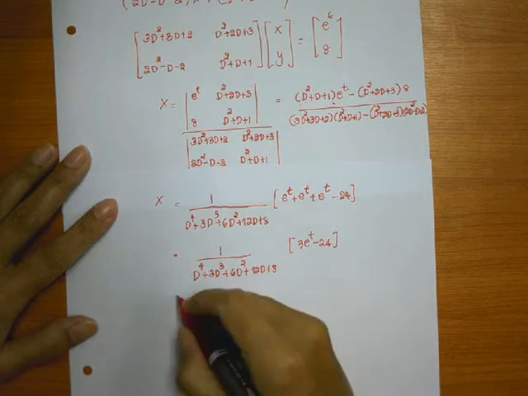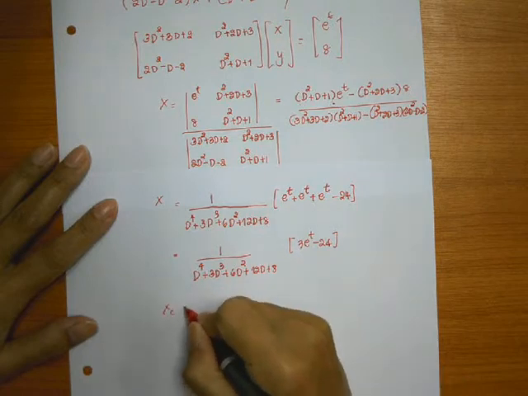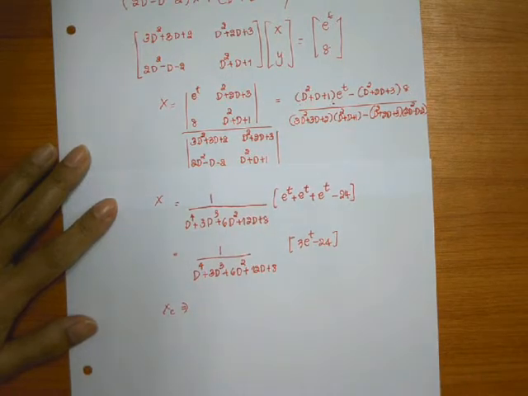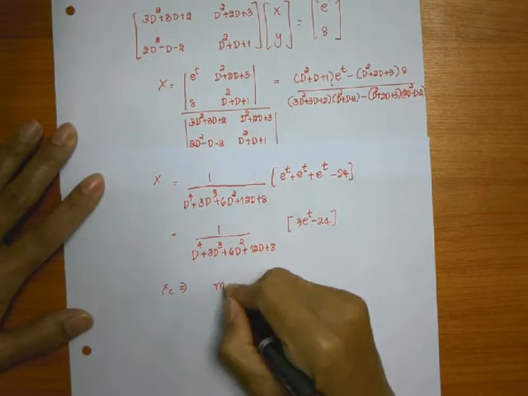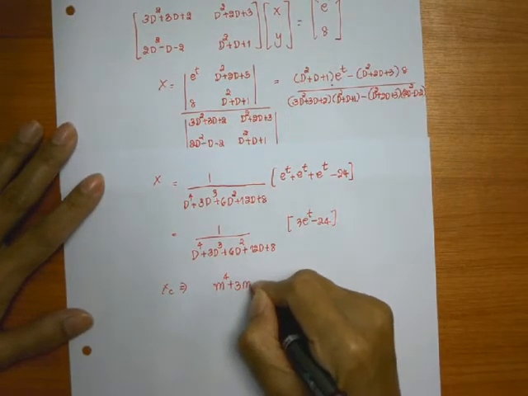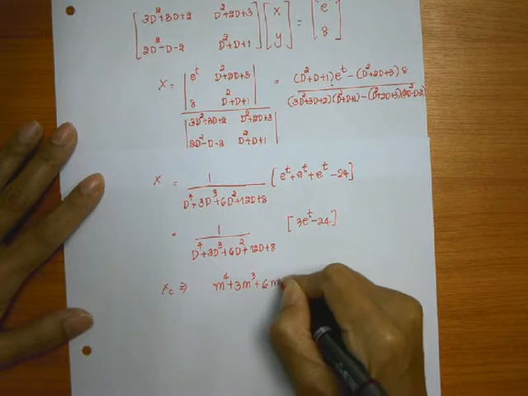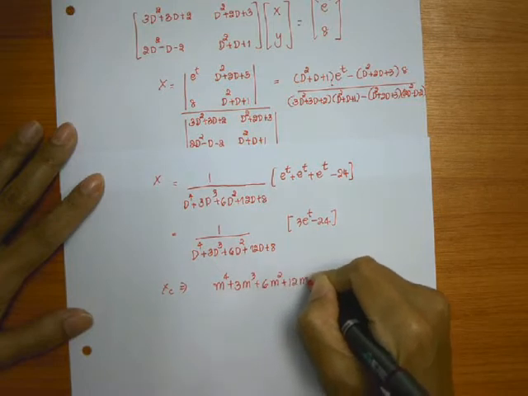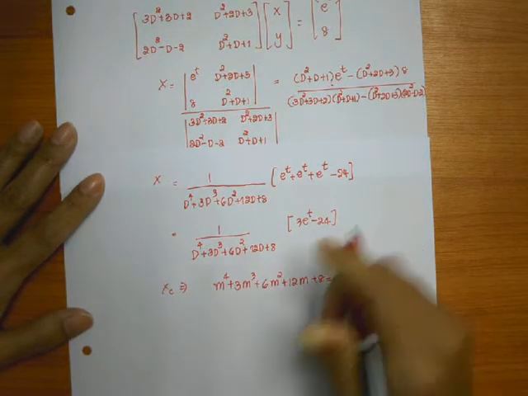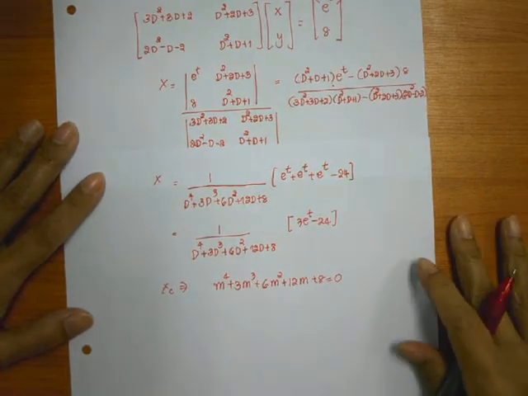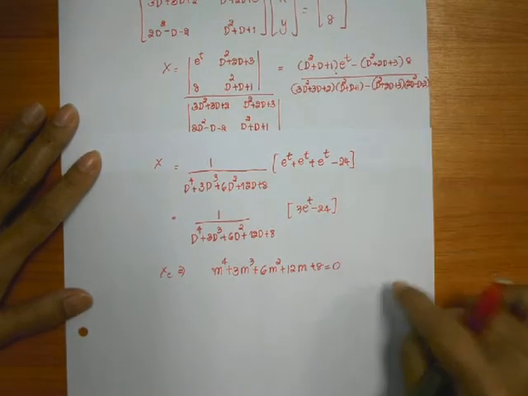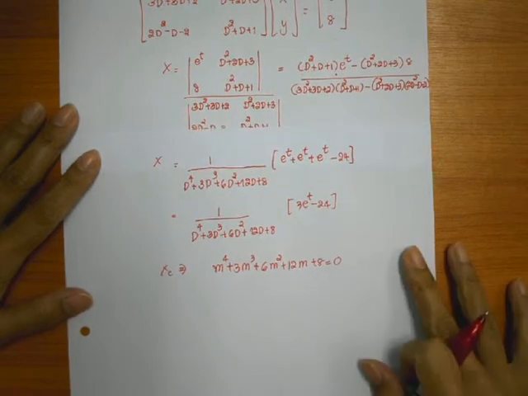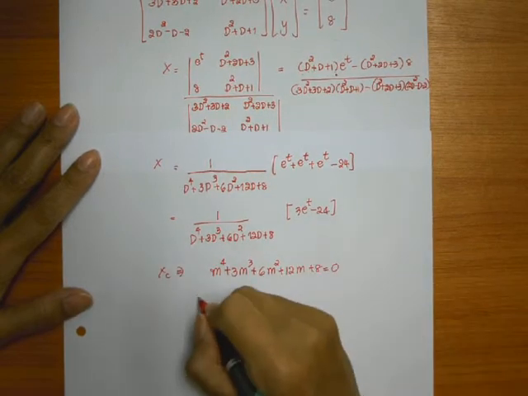Okay. Now our xc we find from the characteristic equation, which is m to the power 4. How many roots of m should we find? 4. Okay. The first one is m plus 1.